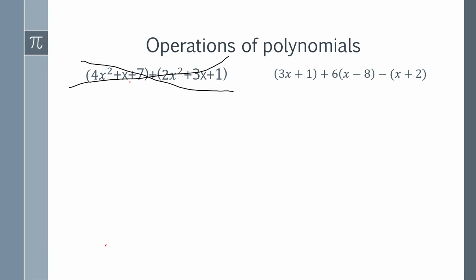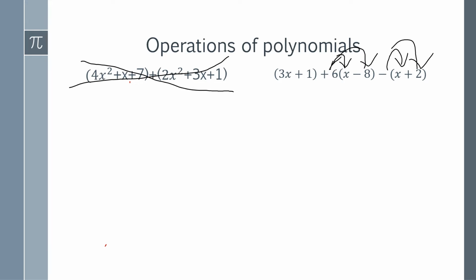So before you can combine anything, you've got some distributing to do. Distribute here. Because 6 is positive, just distribute. And then there's the negative side, distribute here and distribute there. So the distributive property is just a way of saying multiply the whole thing by what's on the outside of the parentheses.